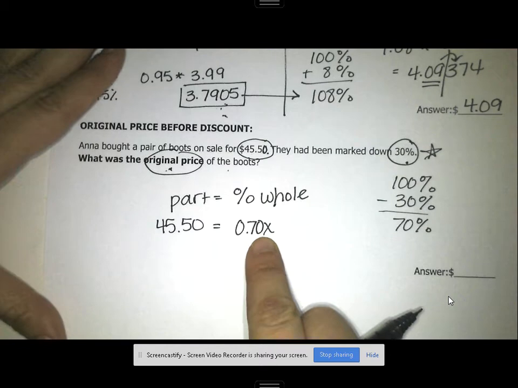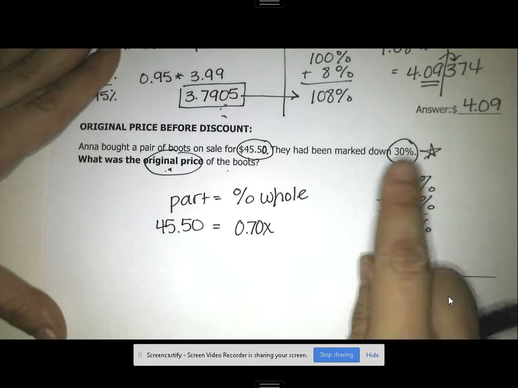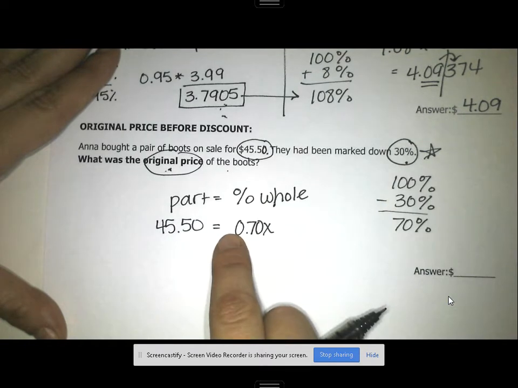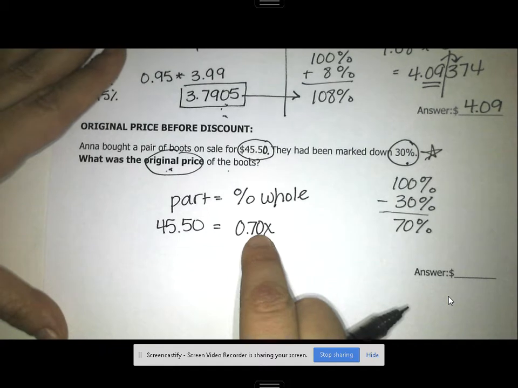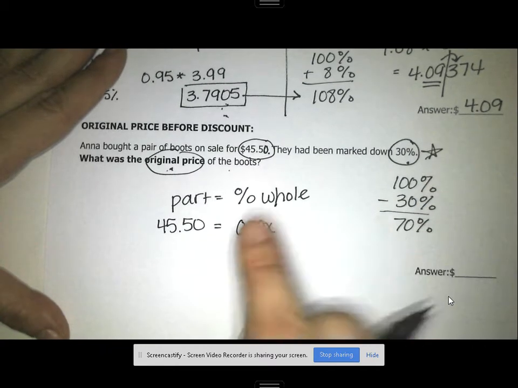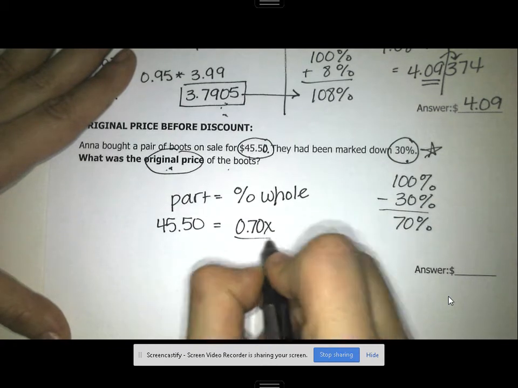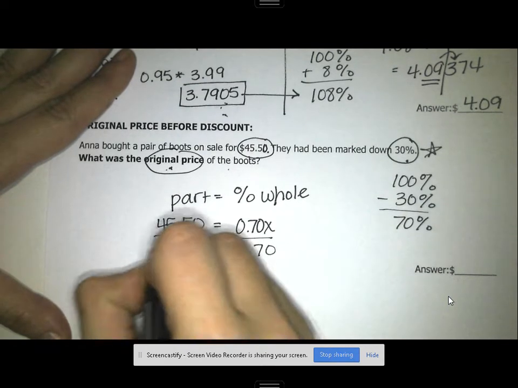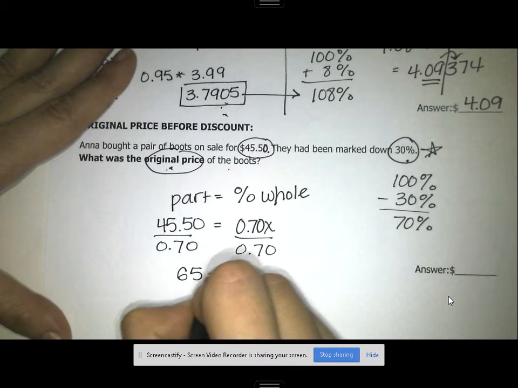Anna paid 70% of the original price, which was $45.50. If you put 30% in here, you're saying that Anna paid 30% of the original price, but she didn't. It was 30% off, so it's 70% left on. Now, since 0.70 is being multiplied by x, to solve this problem, I'm going to divide both sides by 0.70, and I get x equals 65.